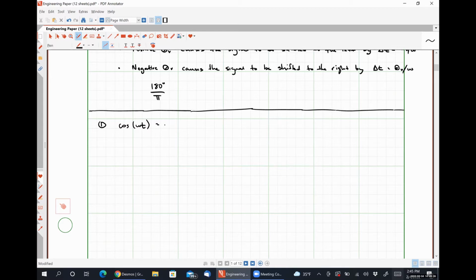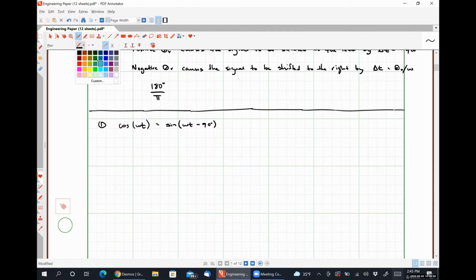is equal to sine omega t plus 90 degrees. So this trig identity lets us convert a cosine function into a sine function.